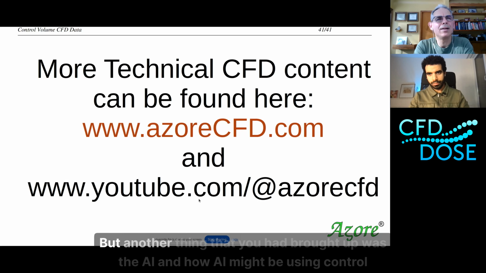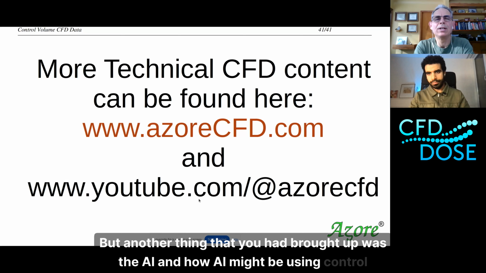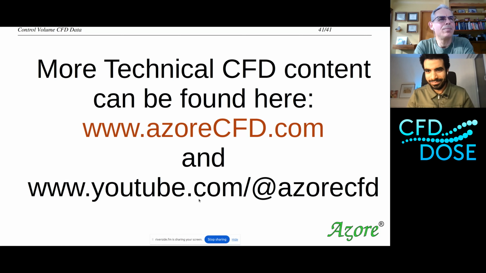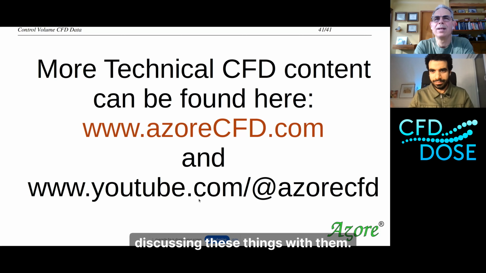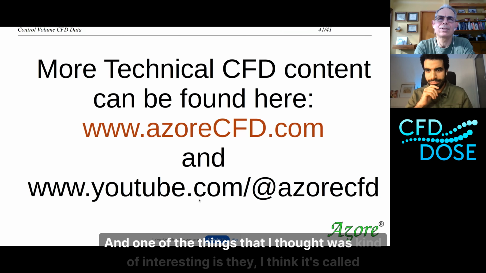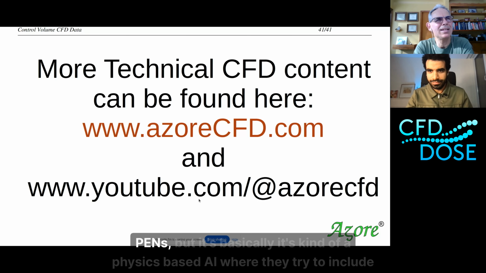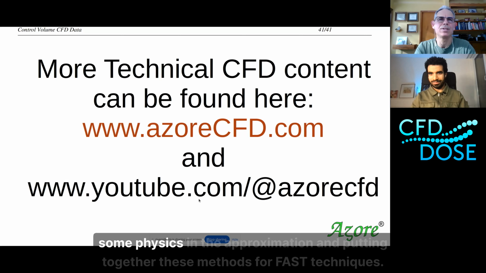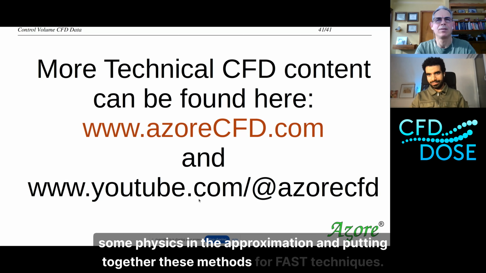But another thing that you brought up was AI and how AI might be using control volume techniques. I was down at a NASA group discussing these things with them. One of the things I thought was interesting is they use, I think it's called PINNs, basically a physics-based AI where they try to include some physics in the approximation, putting together these methods for fast techniques.